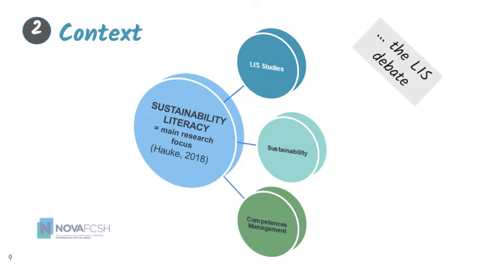In what specifically concerns the intersection of library and information studies with sustainability and competencies management, the main research focus has been on sustainability literacy and on a green information service research agenda that includes information sustainability practice and sustainable information science.